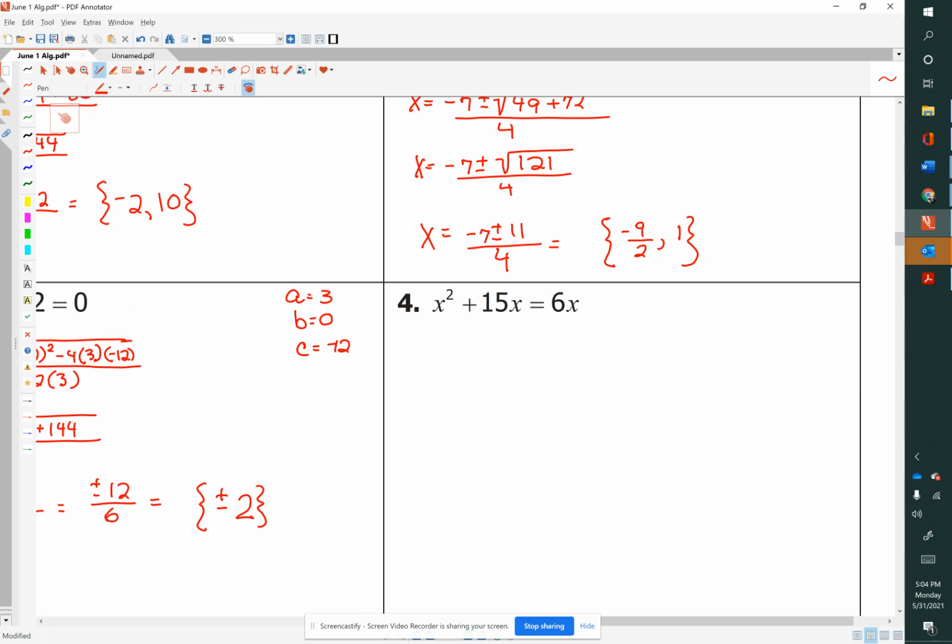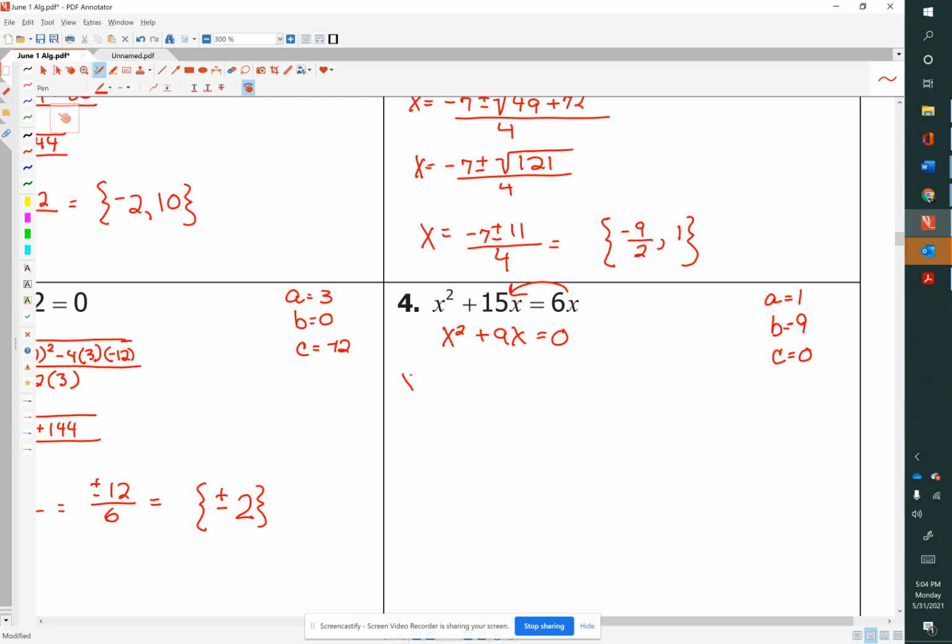Number 4, x squared plus 15x equals 6x. So we need to move the 6x over to the left, which means we'll be subtracting it from 15, which gives us x squared plus 9x equals 0. So we don't have a c value this time. Our a value is 1. Our b value is positive 9.